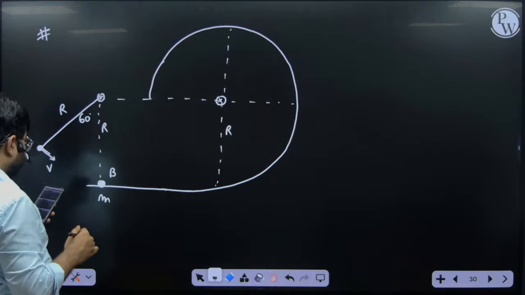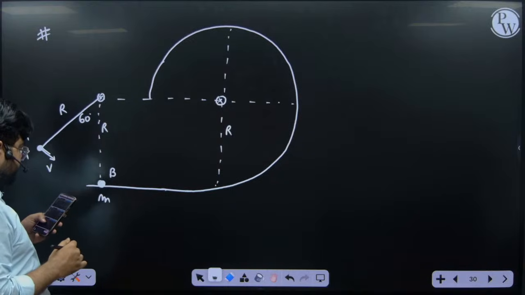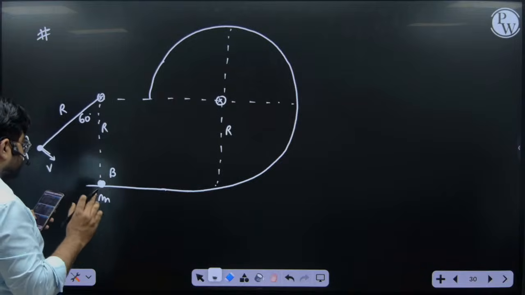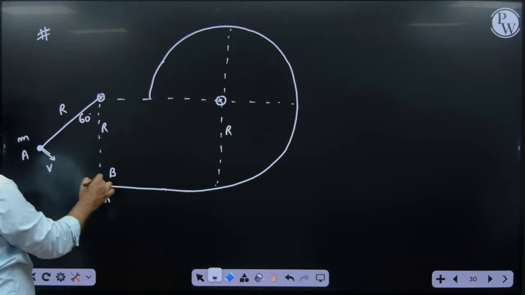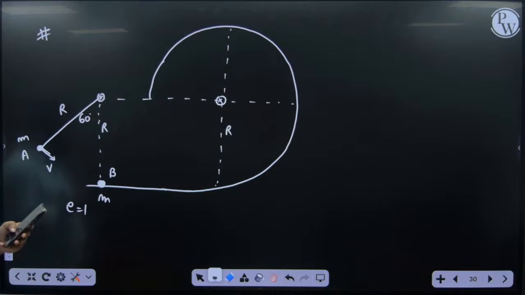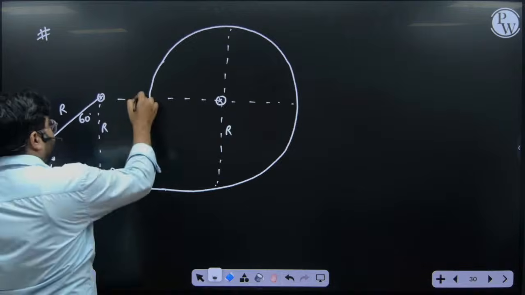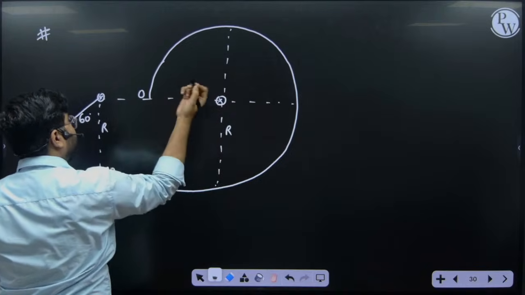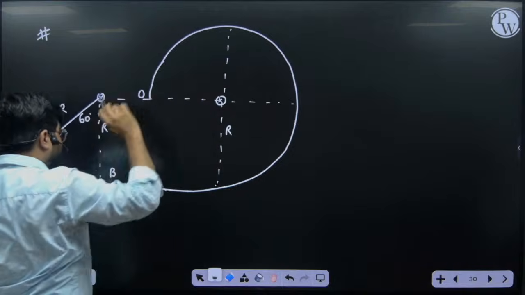All right. Now they have asked us, particle A undergoes elastic collision with B. So e is equal to 1, of same mass such that B completes circle till point O, and this is the point O. So B is able to complete this circle till O. Basically, B can complete the vertical circle.